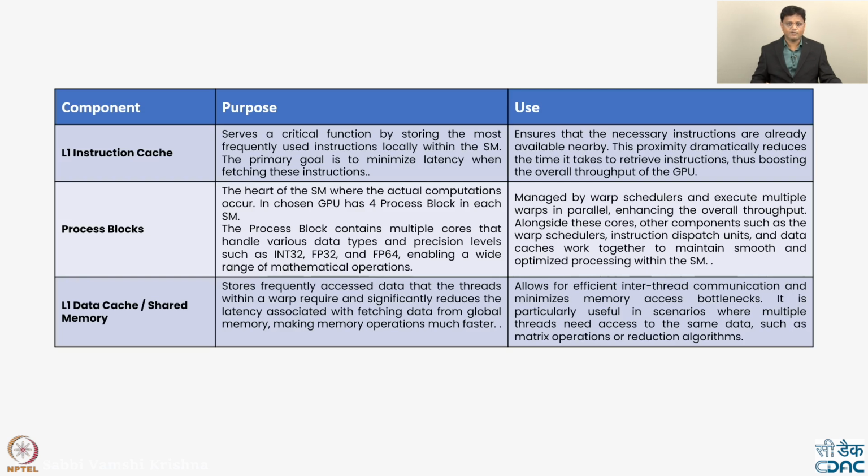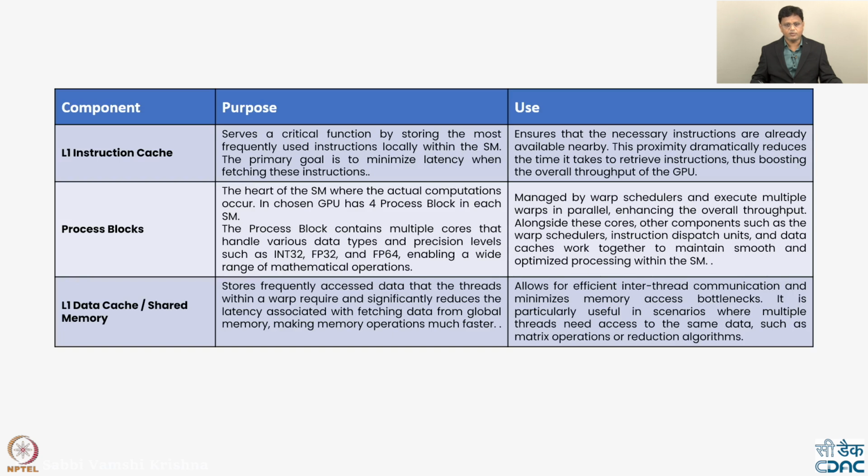It serves the critical function of storing frequently used instructions locally within the SM. The primary goal is to minimize the latency when fetching these instructions. It ensures the necessary instructions are already available nearby, and this proximity dramatically reduces the time it takes to retrieve the instructions from the memory.